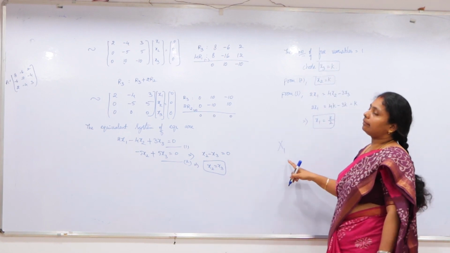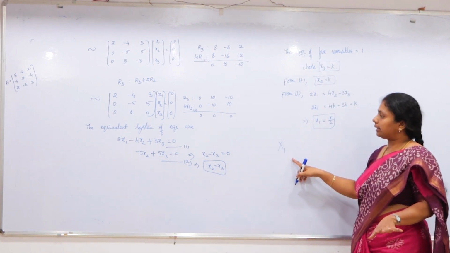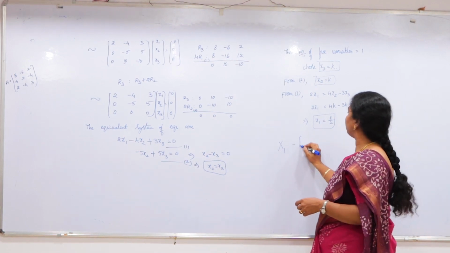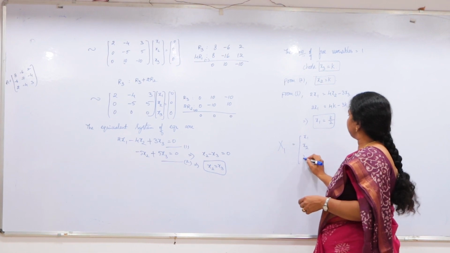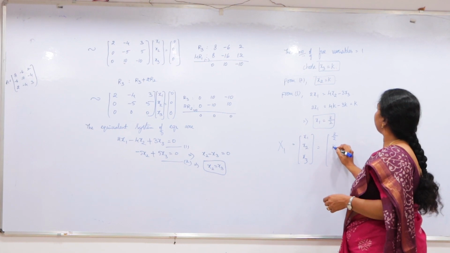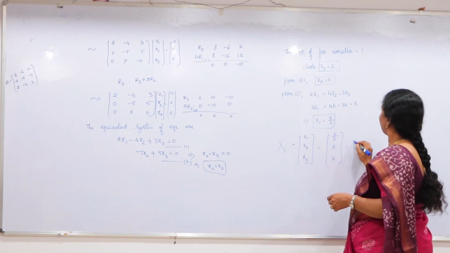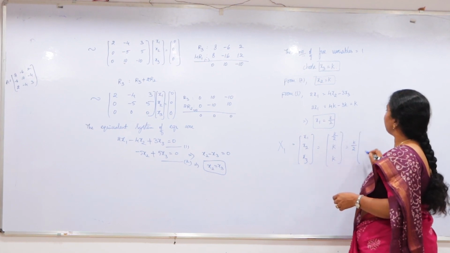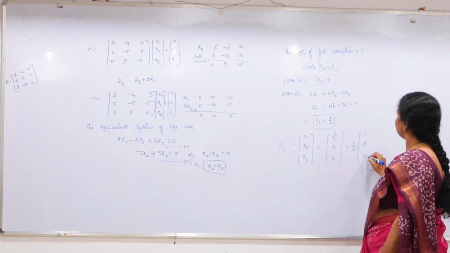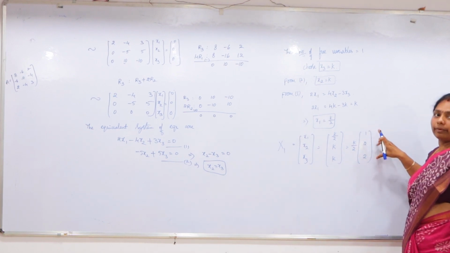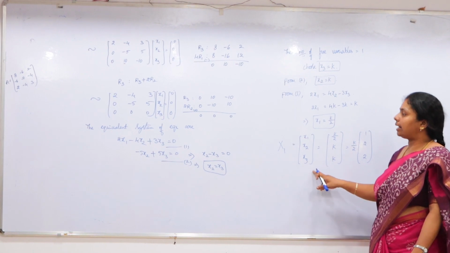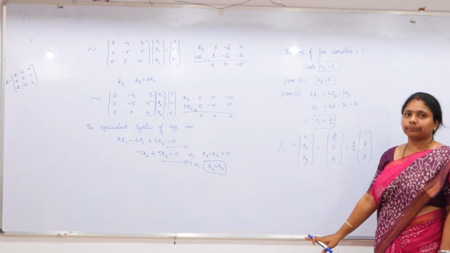So the eigenvector or characteristic vector corresponding to the first eigenvalue lambda equal to 0 is x1, x2, x3 values k by 2, k, k. Since the first value is a fraction, take common k by 2, we can write 1, 2, 2. So the vector 1, 2, 2 is the eigenvector corresponding to the eigenvalue lambda equal to 0.